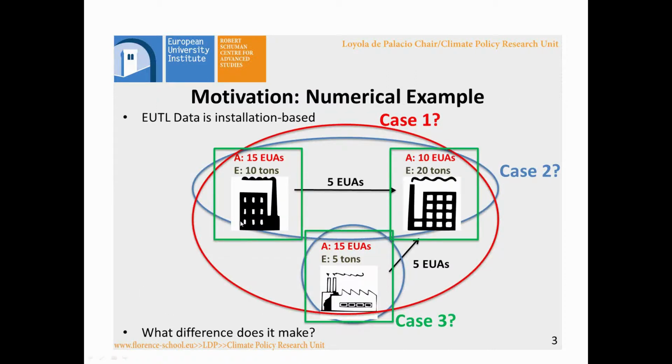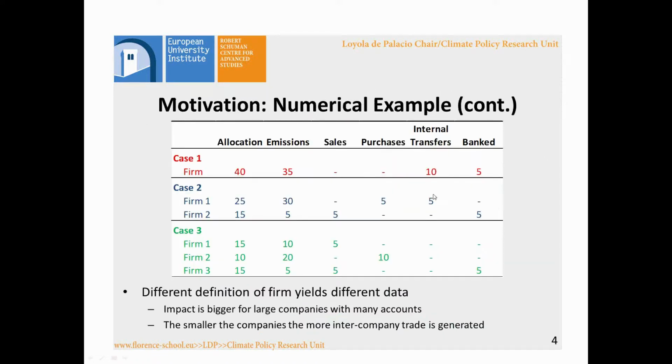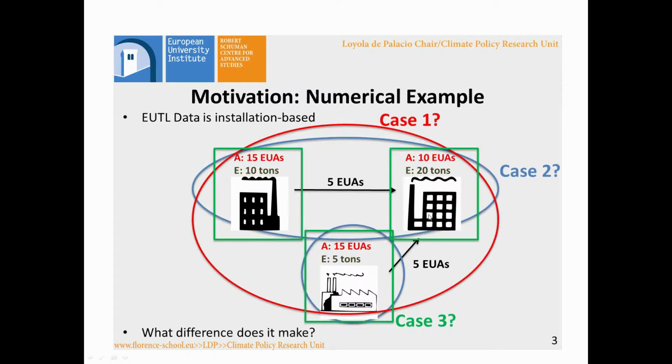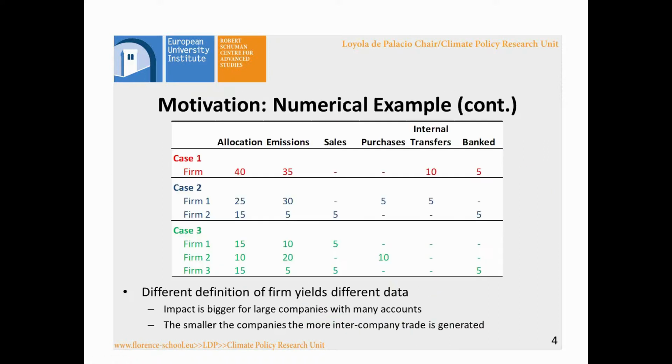Both transfers in the first case happen within the same company, so we sum them up, and we have internal transfers in the amount of 10 EUAs total. We have no sales or purchases to other companies, and we have a banking of 5 for the company as a whole. Now in the second case, one of these transfers is still internal, but as you can see now, the other one is coded in your data set as external.